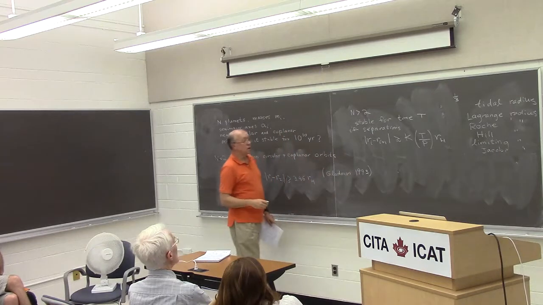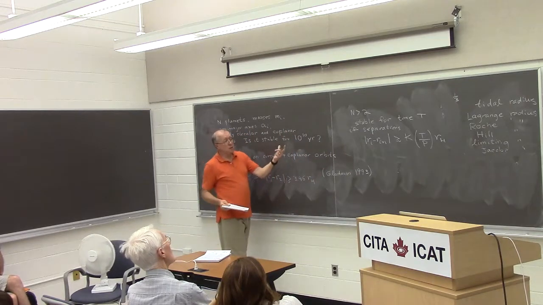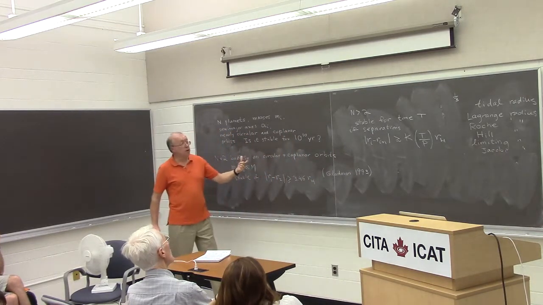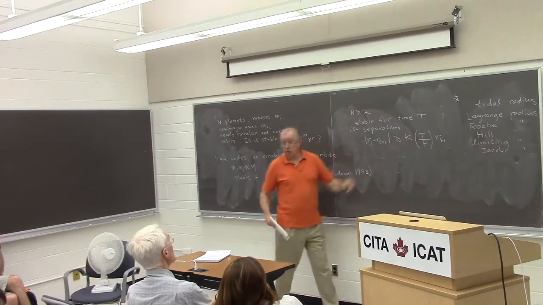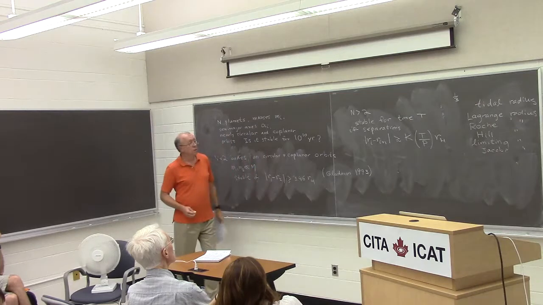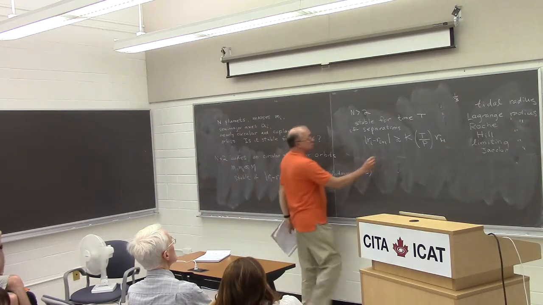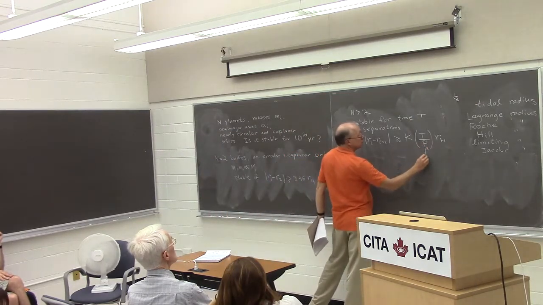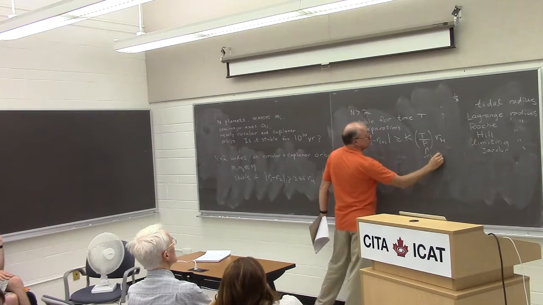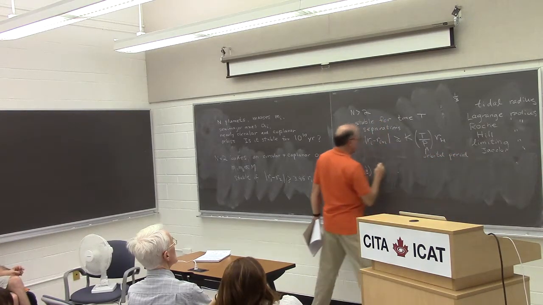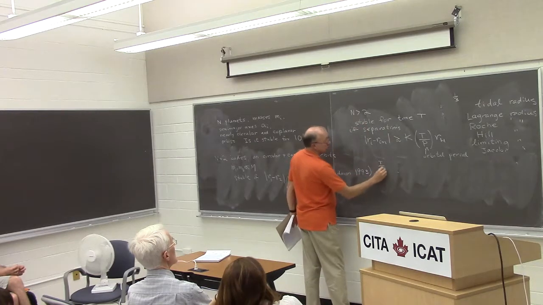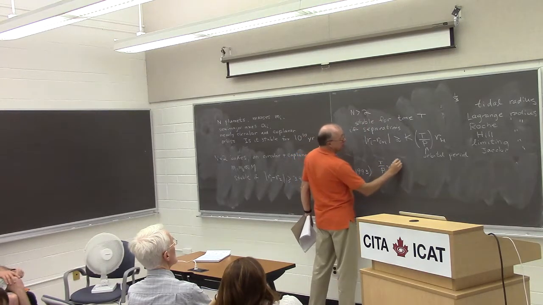That is, the separation in terms of number of Hill radii has to be bigger and bigger as you follow it for a longer and longer time. For P the orbital period, we're interested in typical values of T over P, number of orbits, about 10 to the 10th.